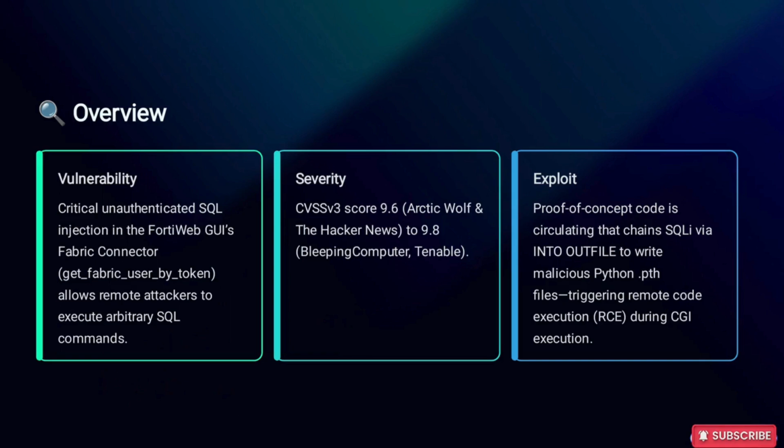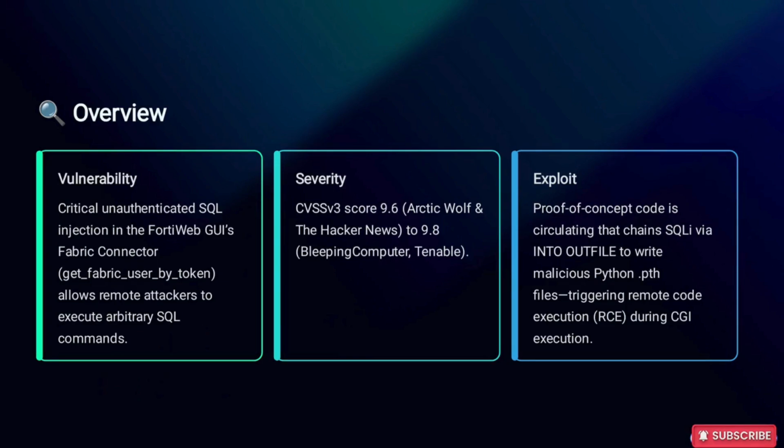It is a critical unauthenticated SQL injection in the FortiWeb GUI's Fabric Connector, in get_fabric_user_by_token, which allows external and internal remote attackers to execute arbitrary code as well as SQL commands. SQL scripting destroys, hampers and tampers the SQL database. So this is the main overview of the vulnerability.